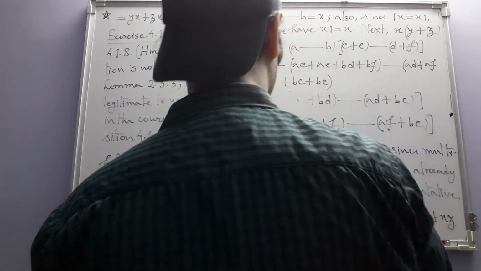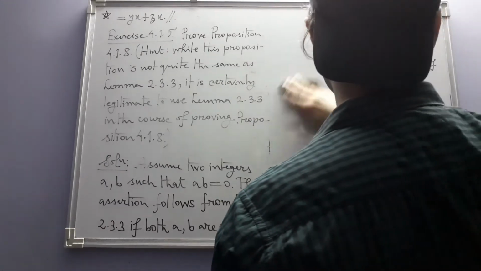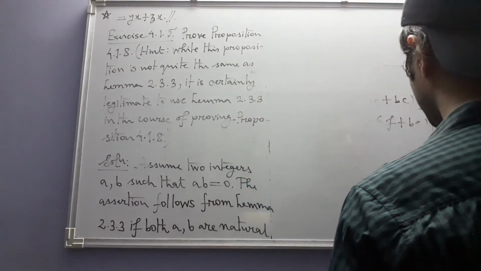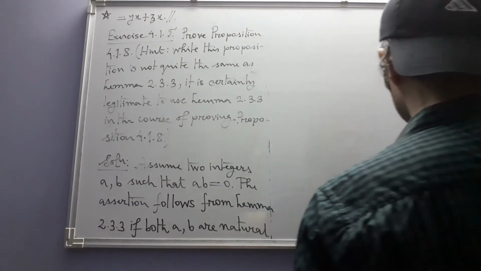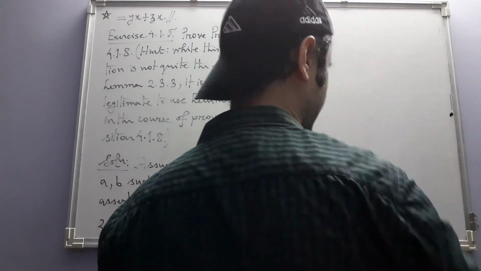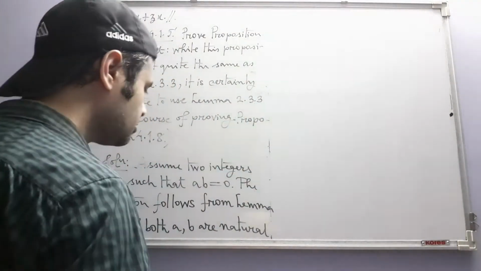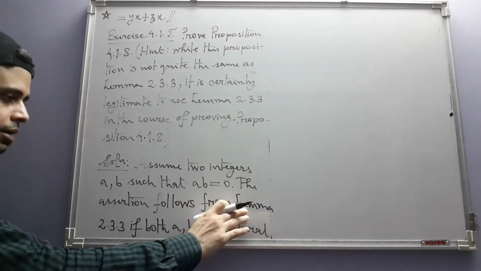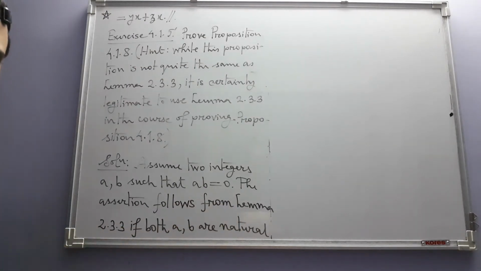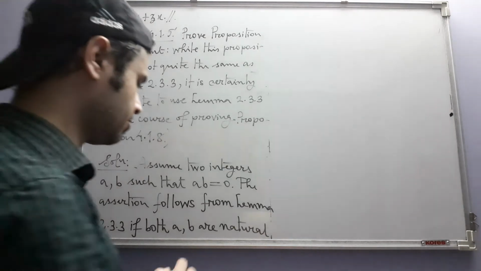Because, being integers, there is that case where both a and b can also be natural numbers, keeping in mind that identification. So if that happens, then directly from lemma 233 we can conclude that either a is 0 or b is 0 or both are 0.